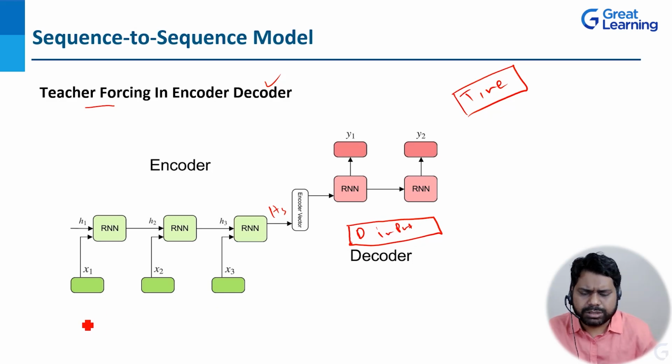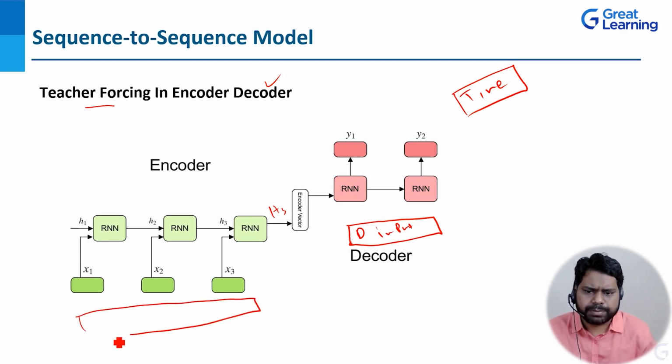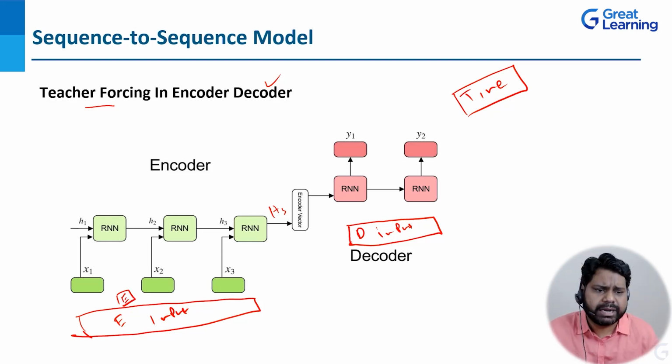This is your encoder input. We do not directly give the X1, we do the embeddings, be it word embedding like word2vec, character based embedding, one hot encoding, bag of words embedding, anything.